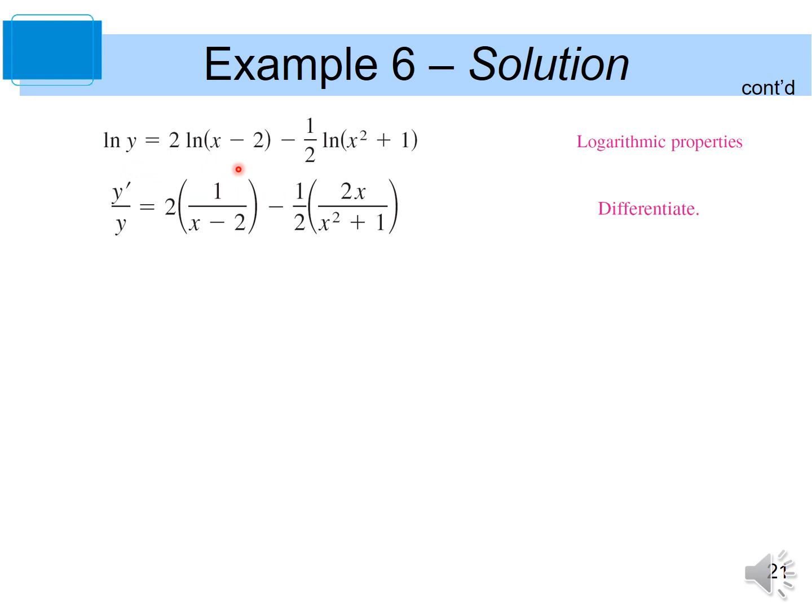For the right side, since all the variables are x, we just straight away differentiate with respect to x. But you need to recall the composite function. This is an inner function u, and x squared plus 1 is also an inner function.